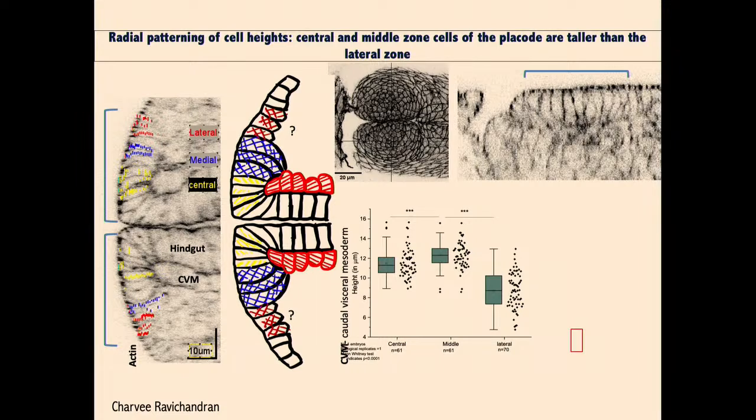So the CML is here. The central cells are close to this midline, the middle cells are here, and the lateral cells are there, schematized here. What you'll see is this placode is actually a structure characterized by differences in height in the two zones.